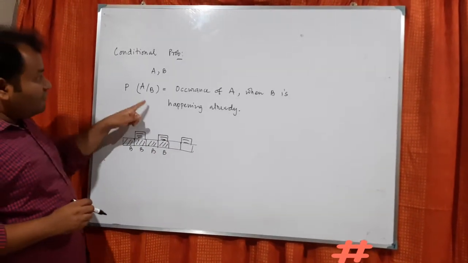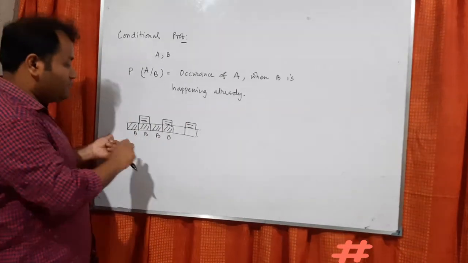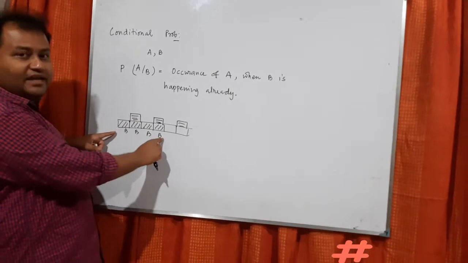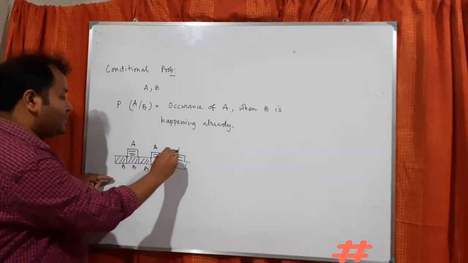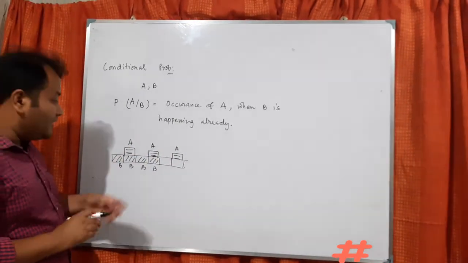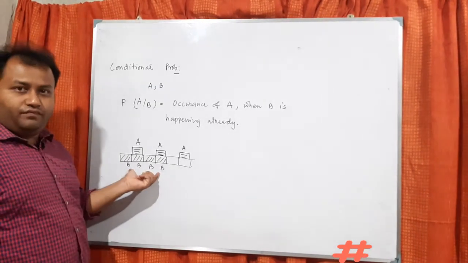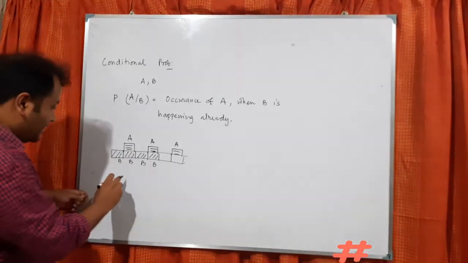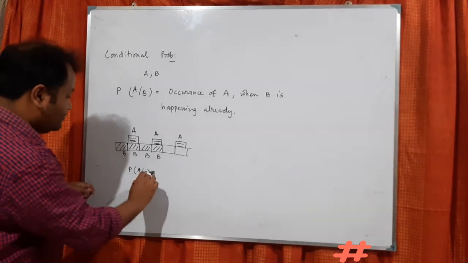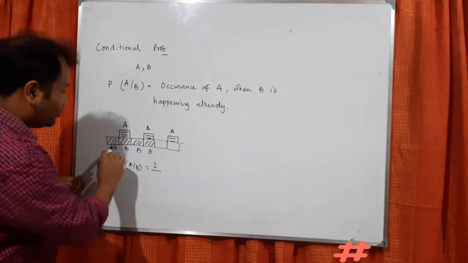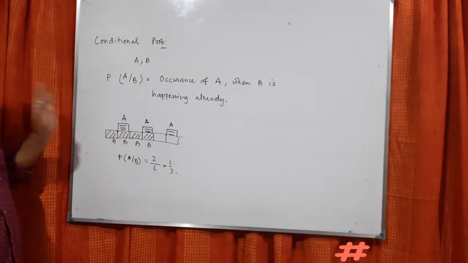Now P of A by B will be 2, because already B is happening in these 4 places. Out of this, A is happening in 3 places, but in 2 places A is happening when B is happening in the background. So probability of A by B will be 2 cases out of a total of 6 cases, so it will be 1/3. That is the meaning of this one.